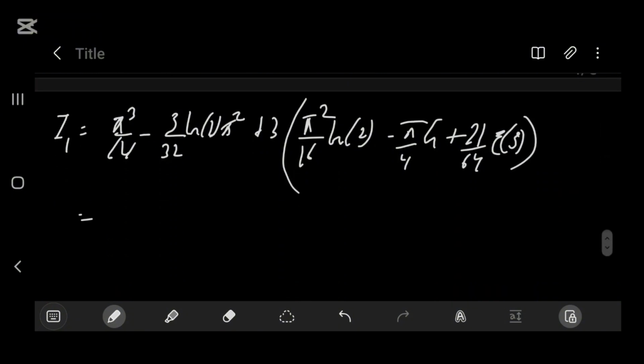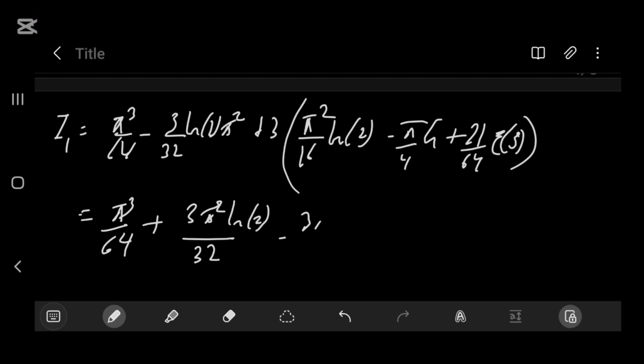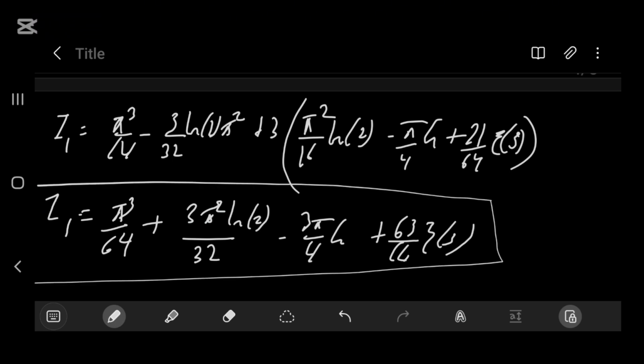Well, let's do some simplifications here. So we'll get pi cubed over 64 stays as it is, plus 3 pi squared log 2 over 32 minus 3 pi by 4 times G plus, and what we'll have here? We'll have 63 over 64 zeta of 3. Well, this is for the I1.